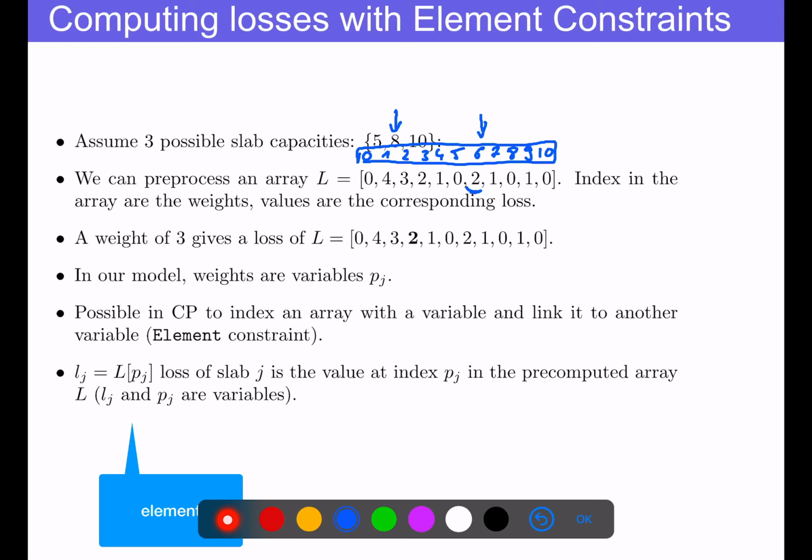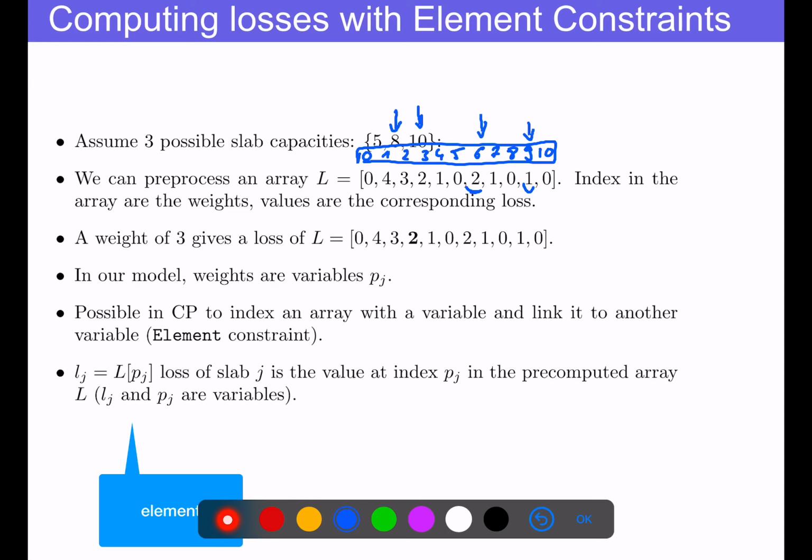Now, if you have a slab that you fill with a weight of 9, the only slab that you can choose is the slab with capacity 10, and the loss will be 1. And so you pre-compute here an array that will tell you at every index that represents the load, what would be the corresponding loss.